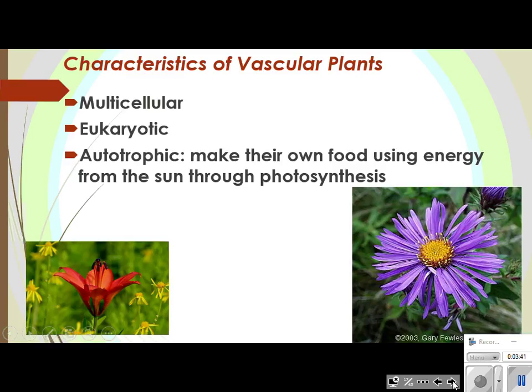Well, yeah, because vascular plants have tubes. Vascular plants have tubes, roots, stems, leaves. They have roots, they have stems, they have leaves. These vascular tubes.